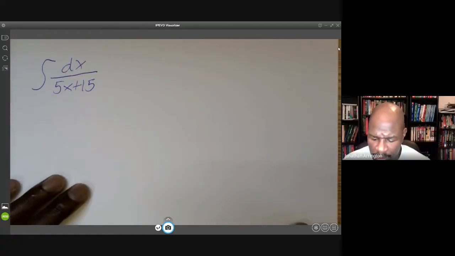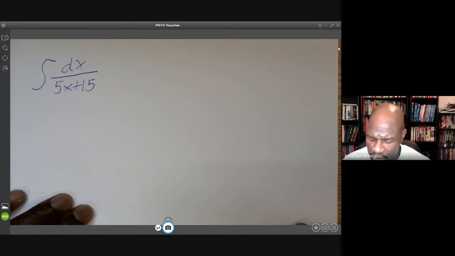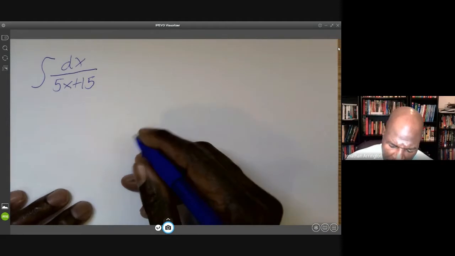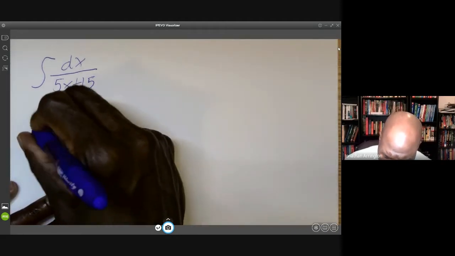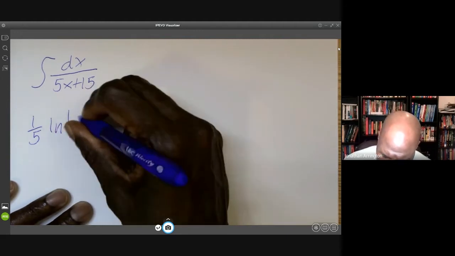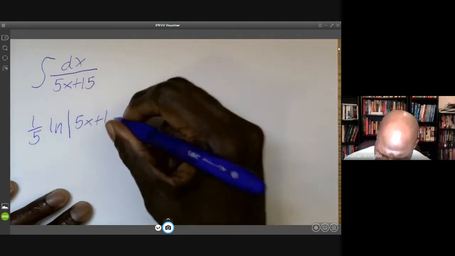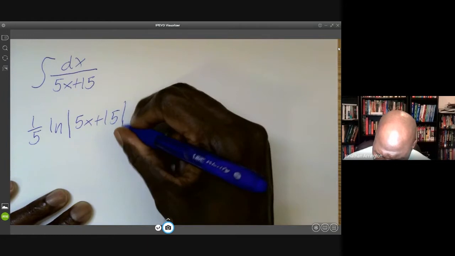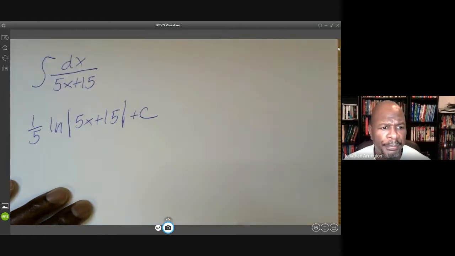So let me show you the problem they were working on, or at least a problem similar to it, so you can understand how this all came about. Here's the problem: the integral of dx over 5x plus 15. One of the students gave the following answer: 1/5 ln of the absolute value of 5x plus 15, plus c.